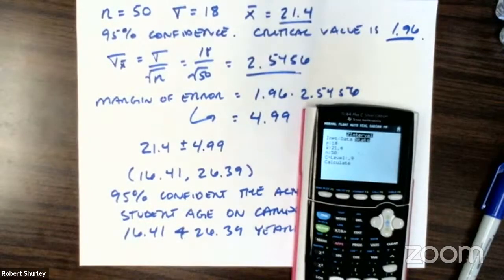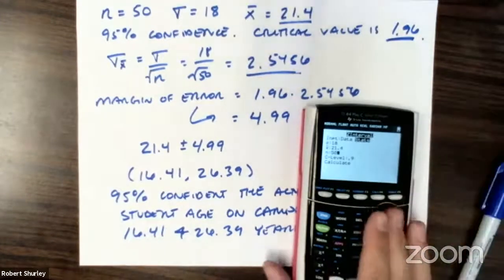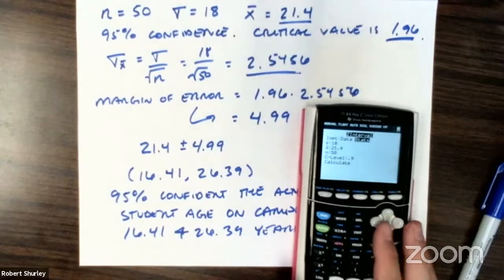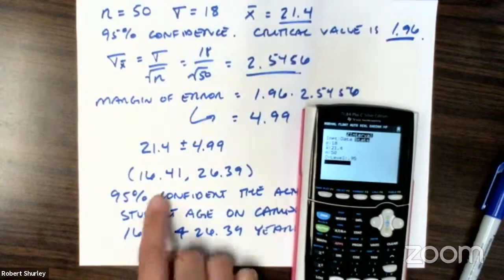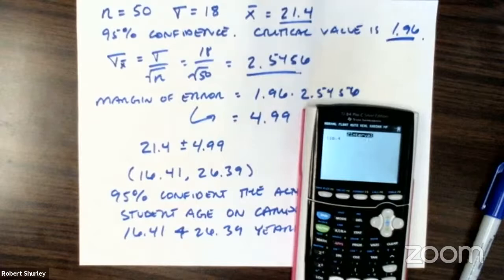It's got to be greater than 30 for us to assume normality. Then it asks for confidence level, so we're going to write this as 0.95, because we're 95% confident. I believe it's written as a decimal; we'll see here in a minute. When we hit calculate, it should give us this interval. Yep.